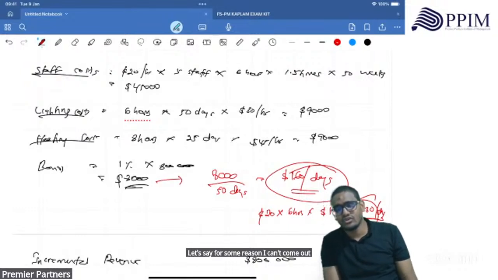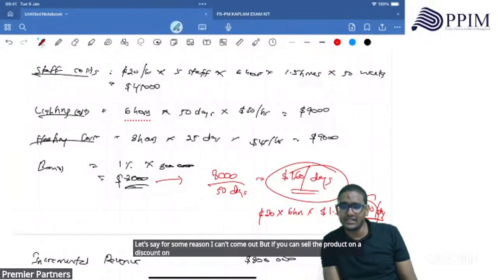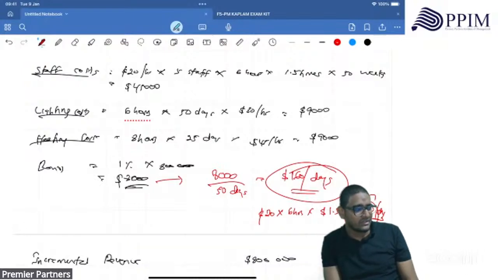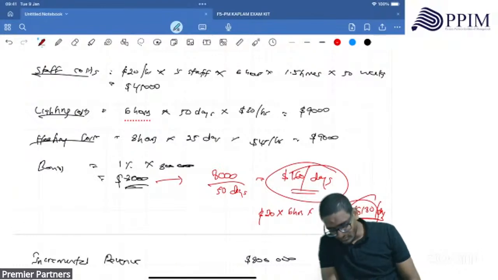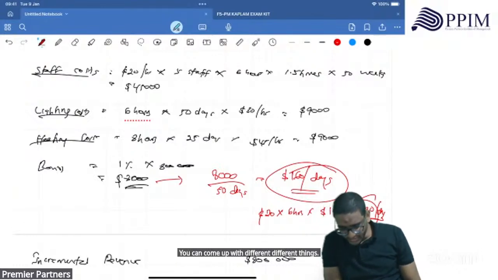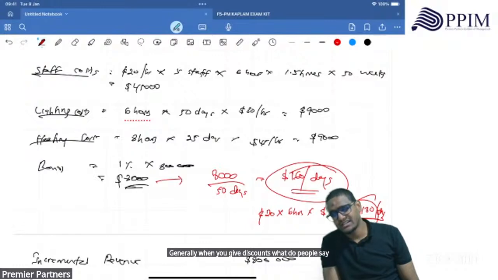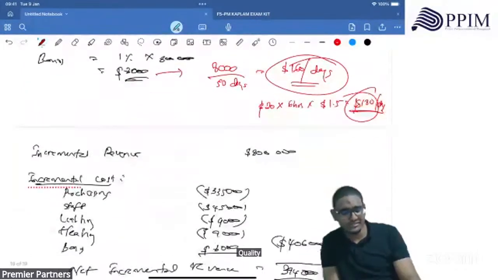If you can sell the product at a discount on Sunday, why can't you sell it on Saturday? Generally, when you give discounts, what do people say? Quality is low. So you can come up with different things.